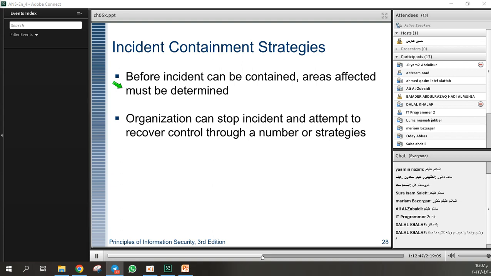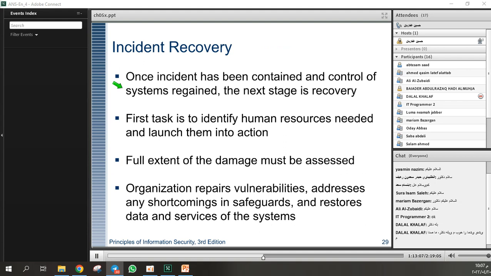So break the water, cut the electricity, cut the natural gas. It's very important. We have to find and define the affected area.